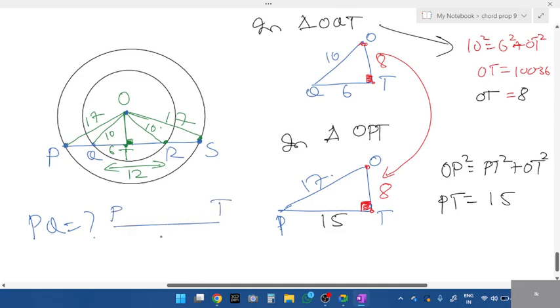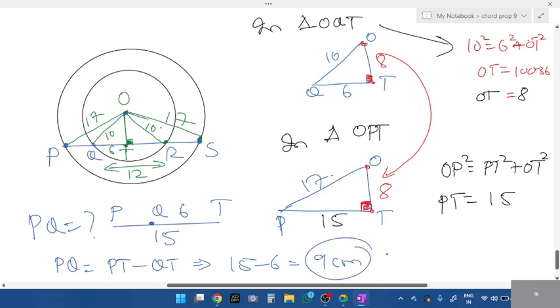What is the entire PT value? 15. Q is given. What is QT value? 6. How do you find PQ? PQ is equal to PT minus QT. 15 minus 6. What's the answer? 9 cm.